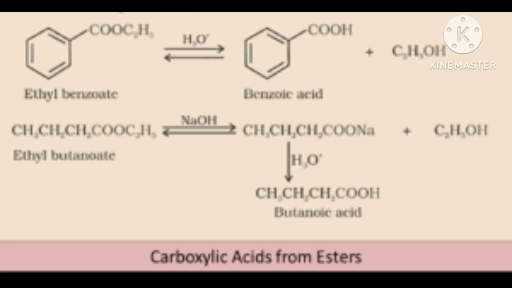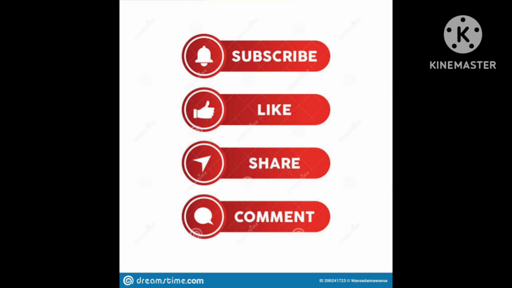Already butanal was there, now CHO, only one oxygen introduced. Then it converts to C double bond O and an OH group: one C double bond O, the other is the OH group. Then one oxygen was introduced due to the oxidizing agent, Tollens' reagent. Then you got butanoic acid.